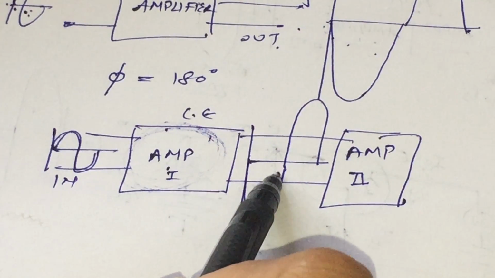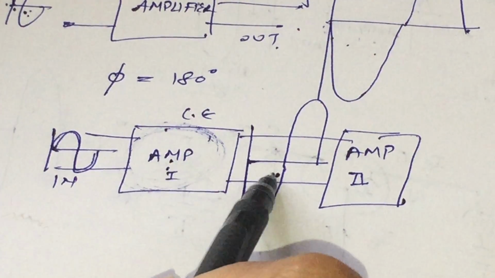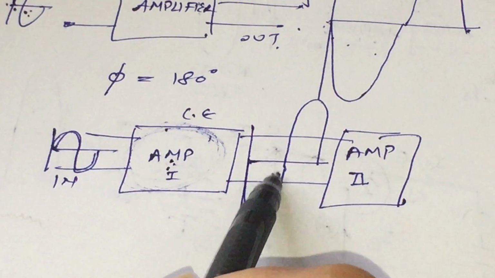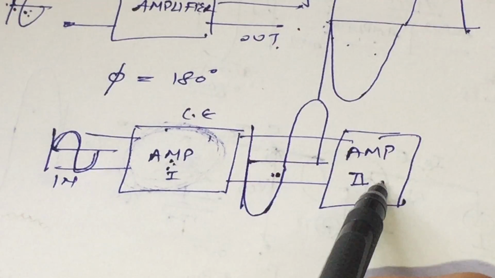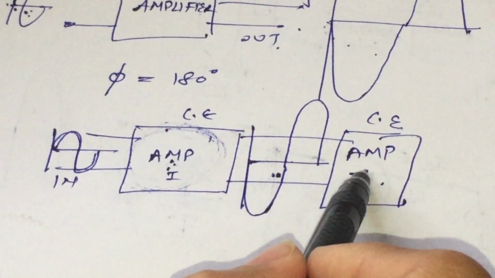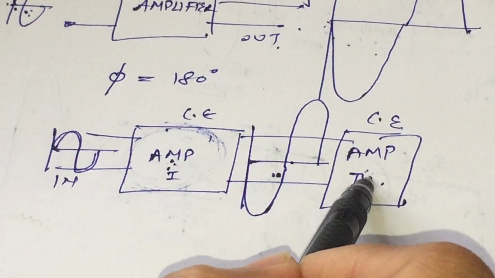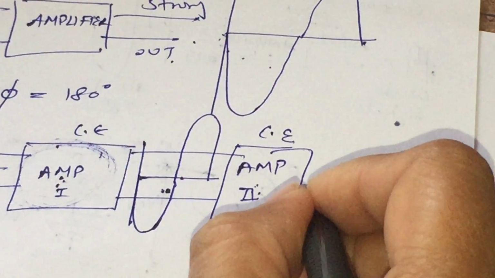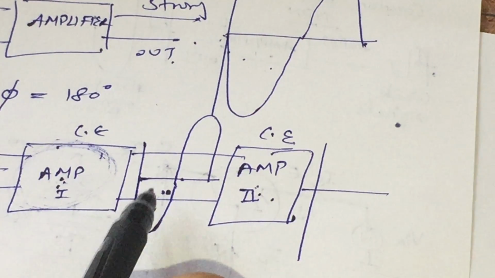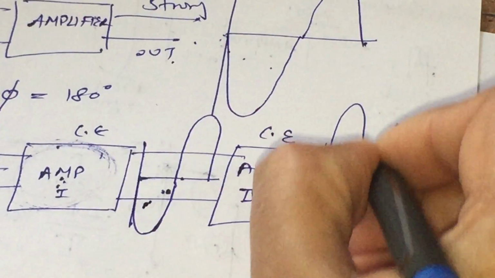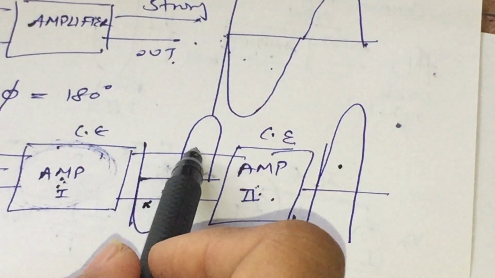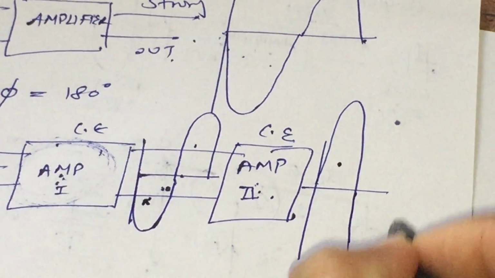This output signal is the output of our first stage amplifier. If this output is given to the second common emitter amplifier, it will behave like an input signal. For the second stage amplifier, for negative we will get a positive, and for positive we will get a negative.